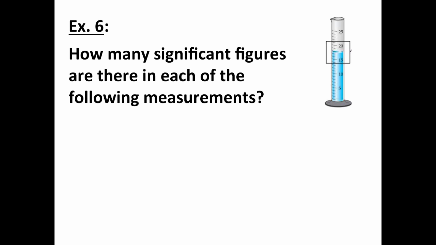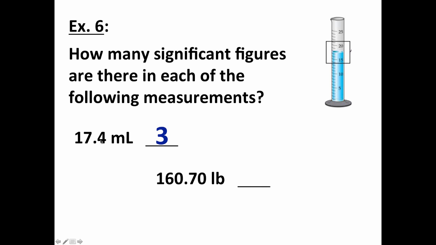Okay, little practice with this example. How many significant figures, or we often say sig figs, in each of the following measurements? Think about it a moment, and hopefully you would say 3. The 1, the 7, and the 4 are all results of measurements. 160.70 pounds, how many sig figs there?